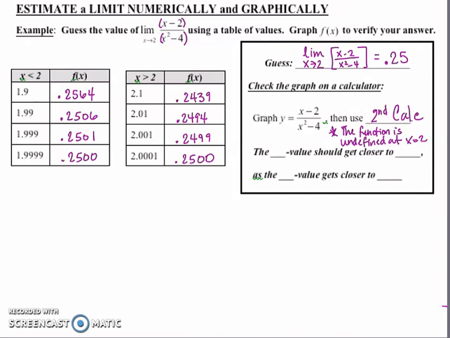Because when we asked it to calculate the value of the function at x equals 2, it told us that there wasn't a value. But yet what we know from our tables is that the y value should get closer and closer to 0.25 as our x value gets closer to 2. Okay?